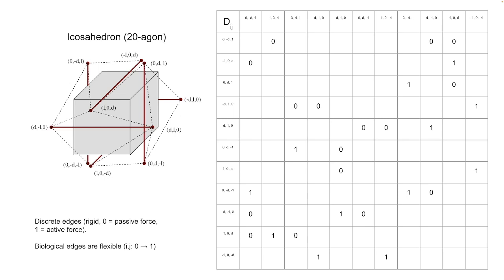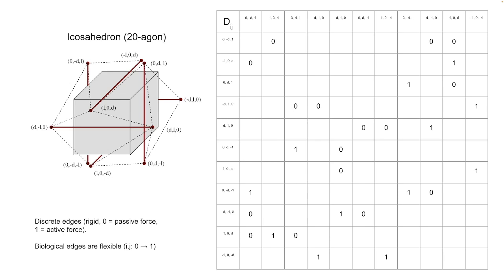The active force keeps these things in dynamic tension, but sometimes at some points in time, there needs to be a passive force on that connection so that these nodes can change their position relative to one another. As you can see, we have a 3-dimensional coordinate system, much like we had for the cells in the embryo, and those coordinates can change over time, and so do these connections between them, these edges.